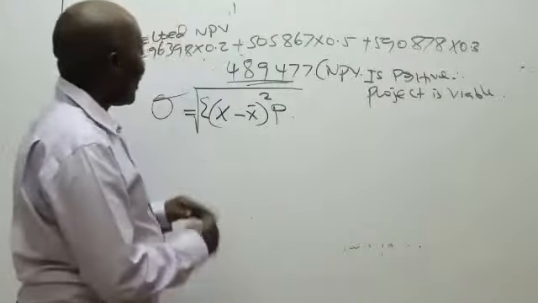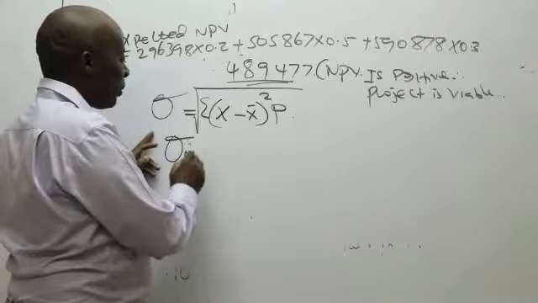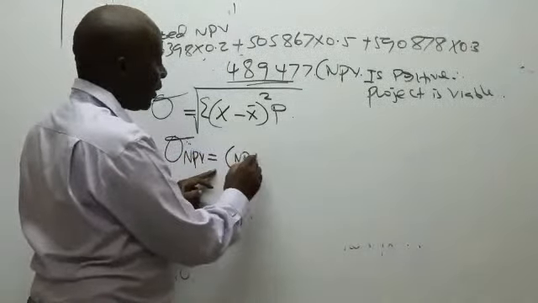Now you come here, this will be the standard deviation of net present value. So it will be the difference between the NPV that you have and X bar, which means expected net present value.